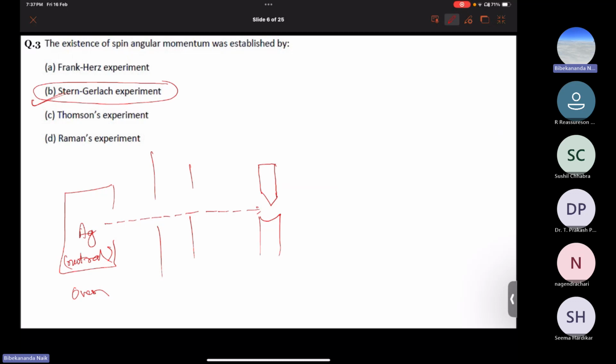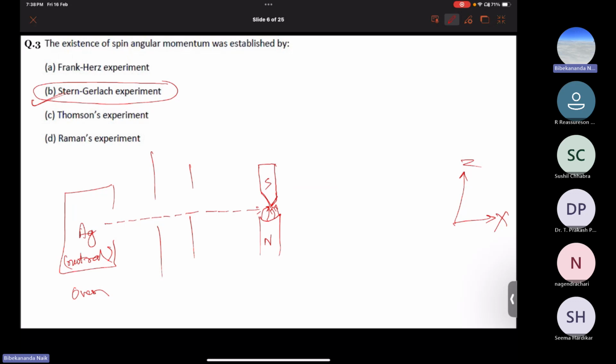If you see, this is north and this is south. Since there is a sharp edge here, the lines of force will be like this. Suppose this is the Z direction and this is the X direction. So the magnetic field is increasing along the Z direction.